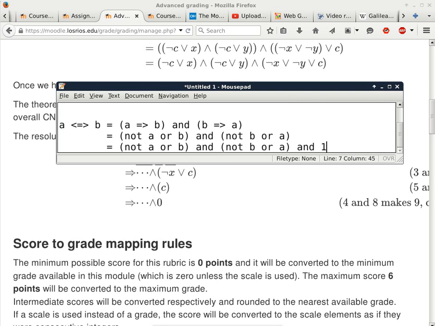And anything and true is just anything itself. In other words, yeah, I can apply resolution, but it doesn't go really quote-unquote anywhere, or at least it doesn't help me to get to the contradiction that I'm looking for. Is that okay? All right.